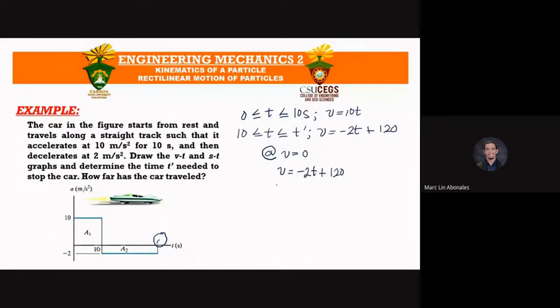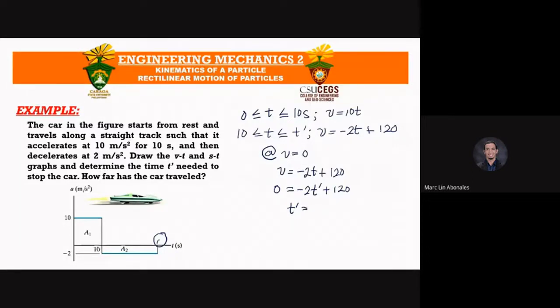So that will be 0 is equal to negative 2 t prime, because that is the variable used for our final time, plus 120. To simplify, transpose the negative 2t prime: 2t prime is equal to 120, then divide by 2.